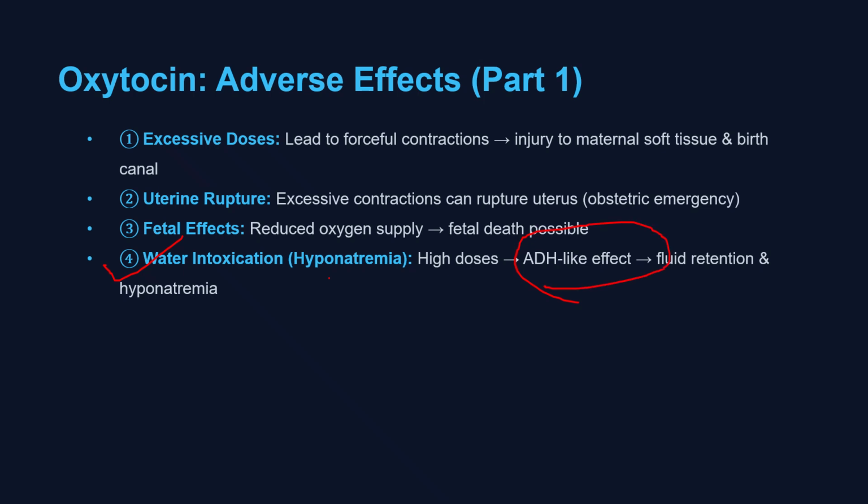So if you give a high dose plus IV fluid, it leads to water intoxication, and edema risk also happens. The excessive dose leads to uterine rupture and fetal effects. So in adverse effects, remember the excessive dose leads to uterine rupture, and one of the important things is water intoxication.